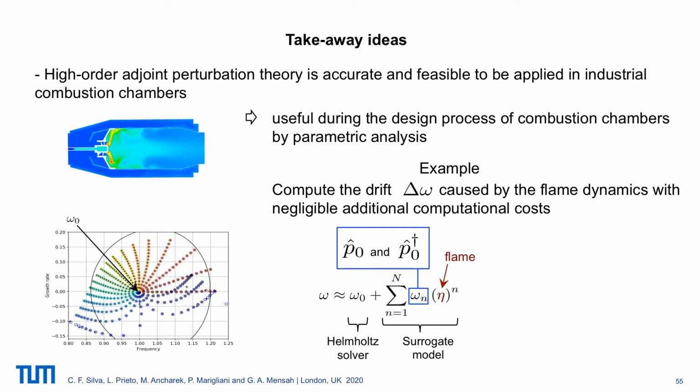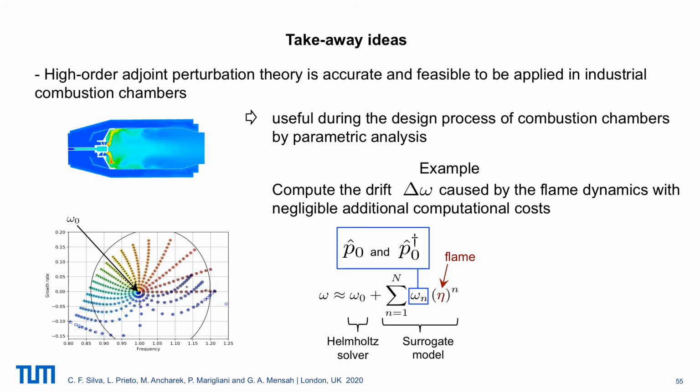So what does it mean? That we can compute the drift of the eigenfrequency caused by flame dynamics with negligible additional computational costs. We have the surrogate model that needs the direct and the adjoint eigenmodes as ingredients to compute the coefficients omega n.